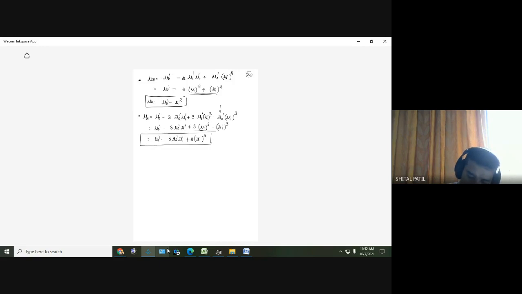आ रहा है सबको समझ में? Now last formula. Okay, mu4. Understand how to remember this. Mu4 equal to mu4 dash, mu3 dash, mu2 dash, mu1 dash, mu0 dash.